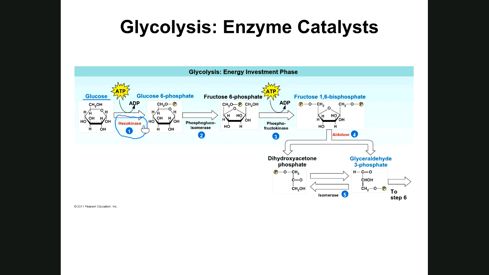Another thing biochemists will do is give an enzyme a name that lets you know what the substrate or product is, or what it's actually doing when it's catalyzing the chemical reaction. This enzyme has a 2-part name that lets you know 2 things about what it's doing. The hexo comes from the molecule shape, the shape of the substrate. Glucose has 6 sides, so what do we call any object that has 6 sides, everybody?